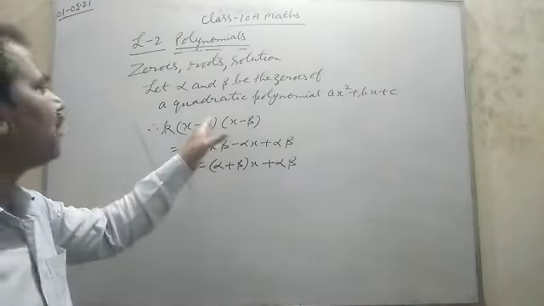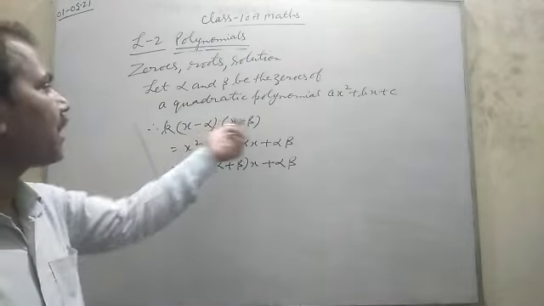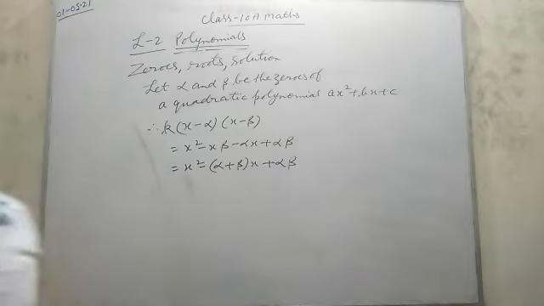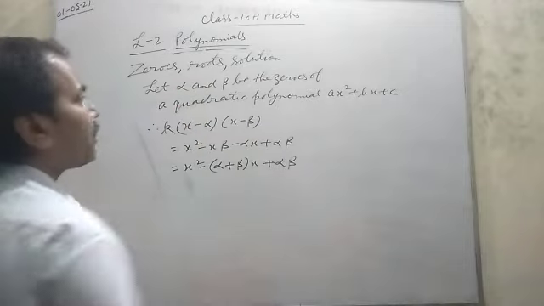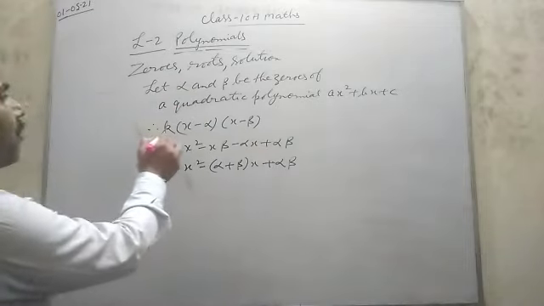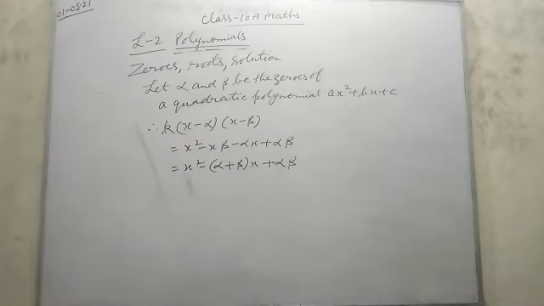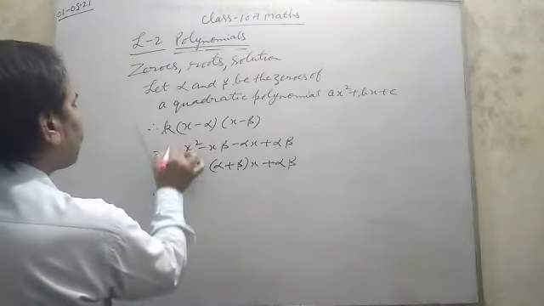Alpha beta may be 2 by 3, 3 by 4, like that also can be. So when we take the LCM, something will come out of the bracket, which we suppose k. So let alpha and beta be the zeros of a quadratic polynomial. Therefore the quadratic polynomial by alpha and beta will be k times x minus, so here write k.